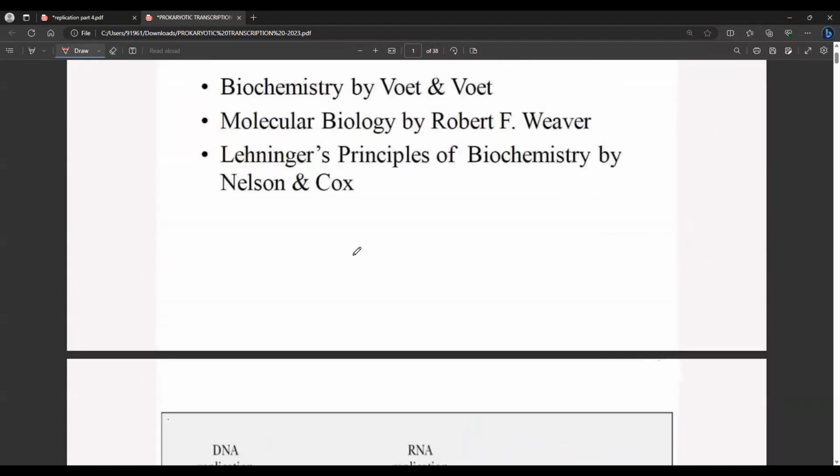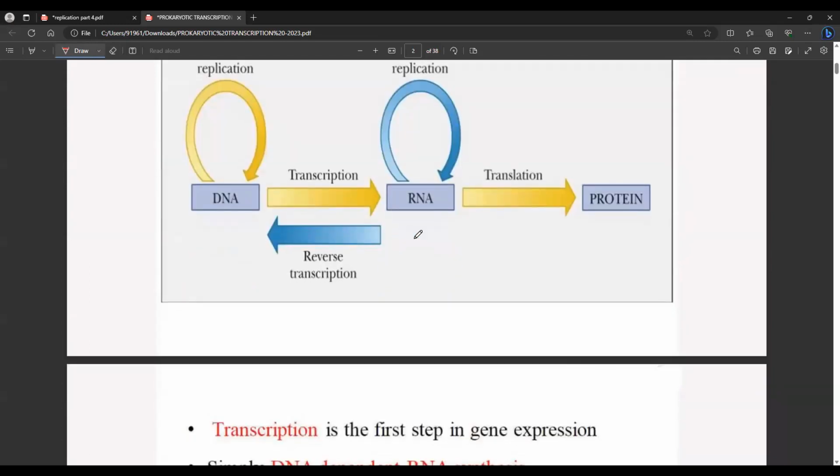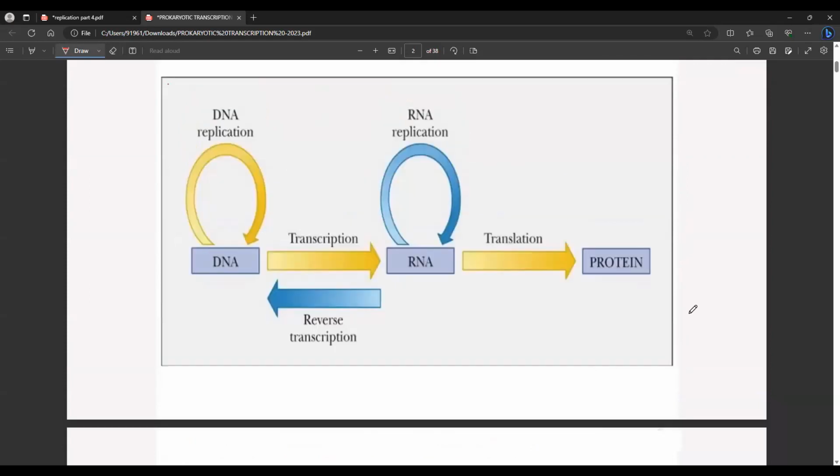Now you look into this. What is transcription? From now onwards, every one of you pay attention and try to understand me very correctly. As all of you know very well, the ultimate goal of a DNA molecule is the synthesis of protein.